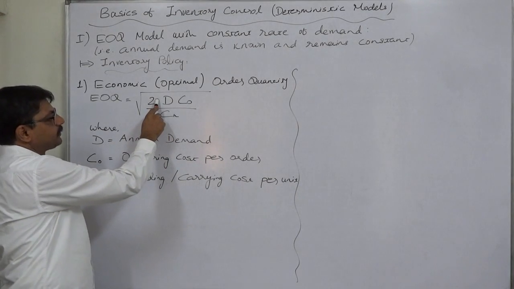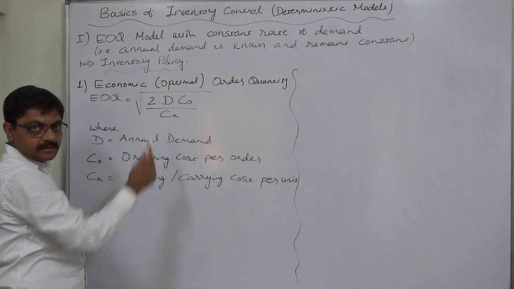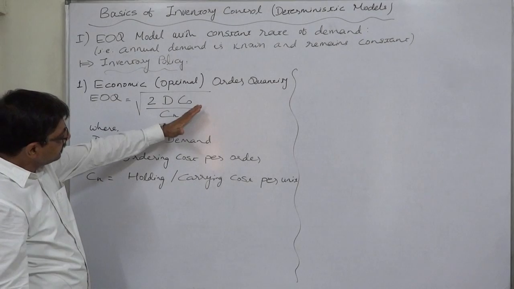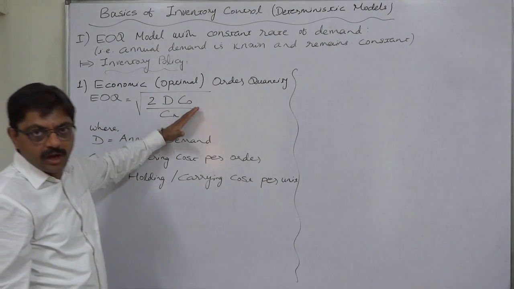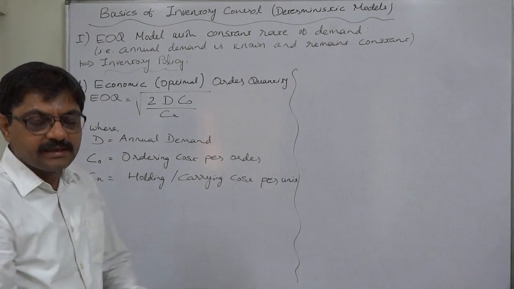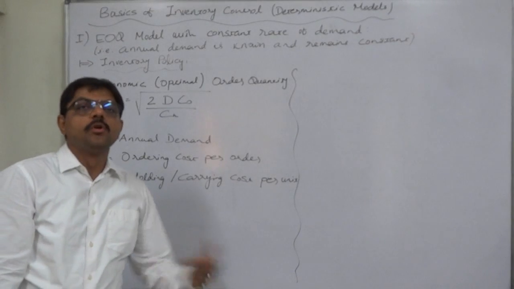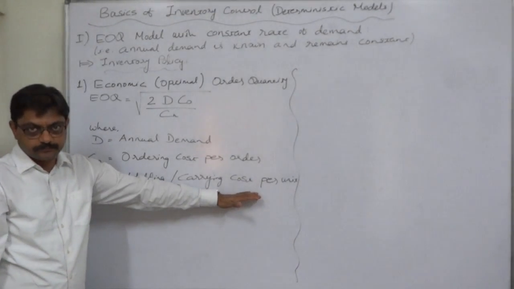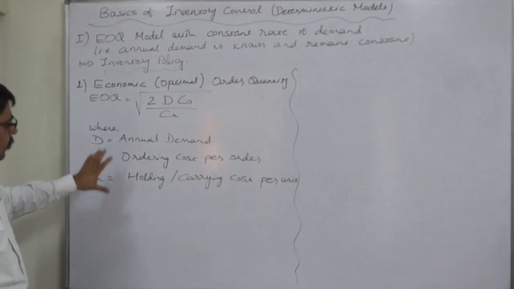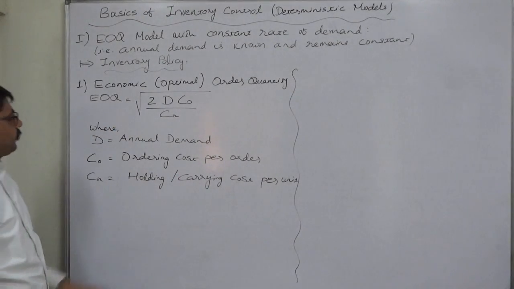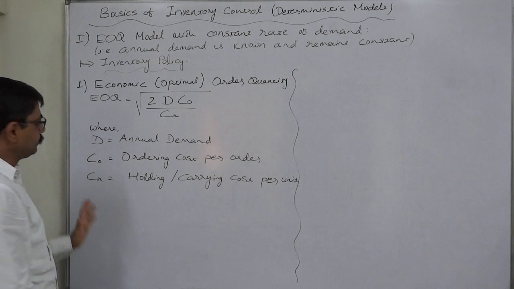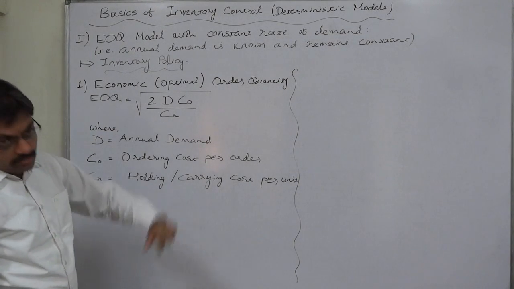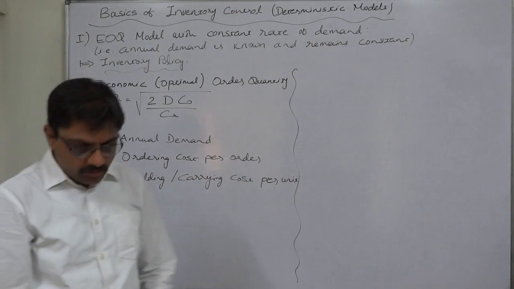That's why 2 is placed in the numerator. But the original concept is CH by 2, half of the holding cost. That is called average holding cost per unit per annum. If we substitute all these 3 components in the formula, it is very easy to know the economic or optimal order quantity.